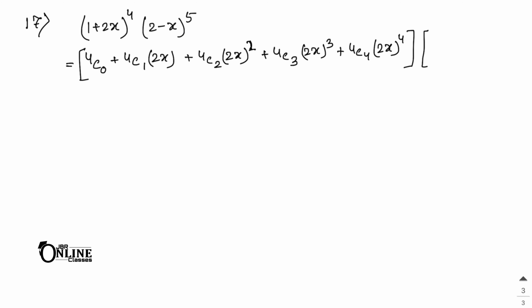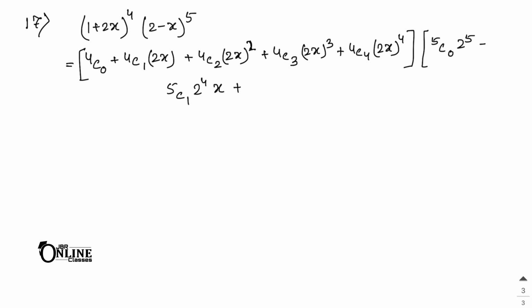Now next one again here 5c0, then 2 to the power 5. So you have to write down here 2 to the power 5, and next one minus x to the power 0, so you need to write down minus. Then it will be here negative for the next one. So write down here 5c1, 2 to the power 4, and here x to the power 1.